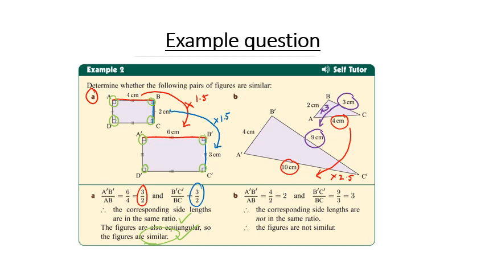And we've got a 2 and a 4, and we've multiplied that by 2. So we can see here straight away that we have different multipliers for each of the different sides. So therefore they are not in the same ratio, so therefore they are not similar figures.